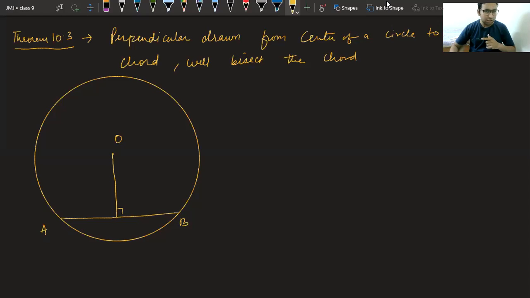So we know this is a perpendicular. That means this angle is 90. This angle is 90. We have to prove that AD is equal to DB. Class, how will you prove this thing? Please help me. First thing, what will you do? First, you will observe how we can prove AD equal to DB. What construction do we have to do? Very good, Vaishnav. What construction will you do? You will join, very good, Rudra, Utkarsh.